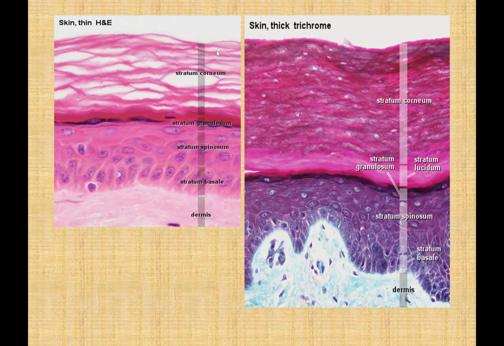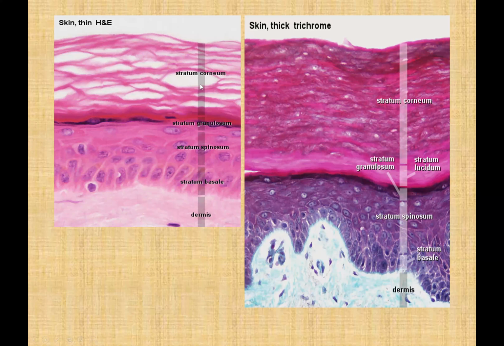So the epidermis is made up of the stratum corneum. Normally, between the stratum corneum and the stratum granulosum, there should be another one we call the stratum lucidum. You see this in thick skin, but you don't see it in thin skin.